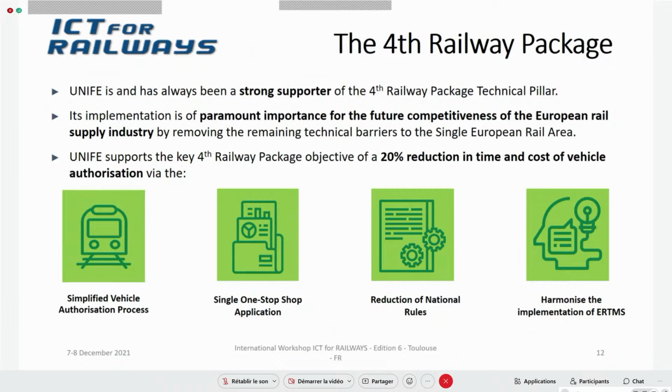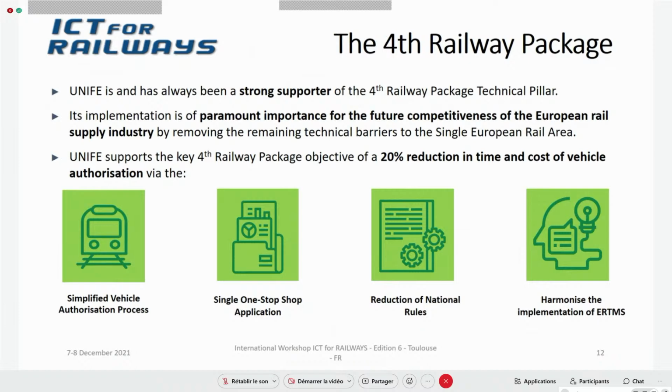But to tell you the truth, for the time being we are a bit disappointed, because the implementation of the fourth railway package is not going very quickly, and we thought at the very beginning that there would be a reduction of cost and time, and we don't really see good examples. And there has also been a very big increase of the fees and charges.